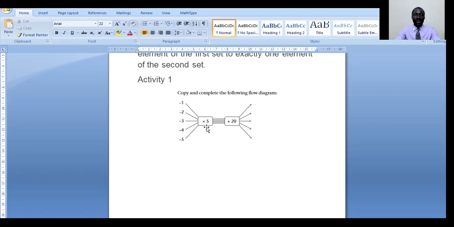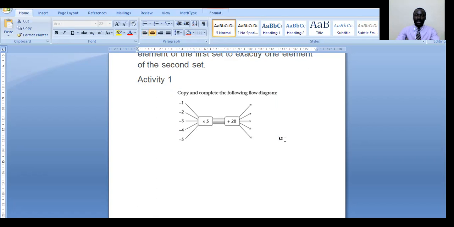Now here we have in the process times 5, meaning each quantity of the first set, the input, will have to go through the process of multiplying it by 5, then adding 20 to it.